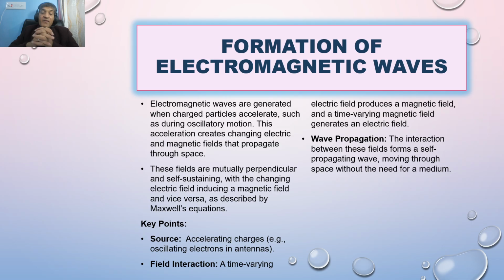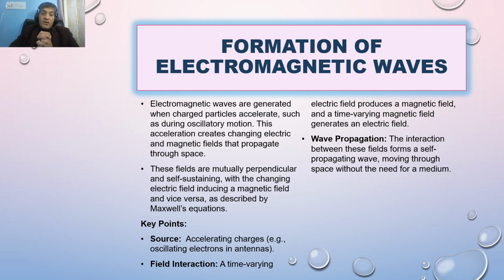The basic outcome of the Maxwell equations is the speed of light. It gives the information about the speed of light. So basically, this point tells us that the electric field, the magnetic field, and the direction of propagation are all mutually perpendicular to each other.